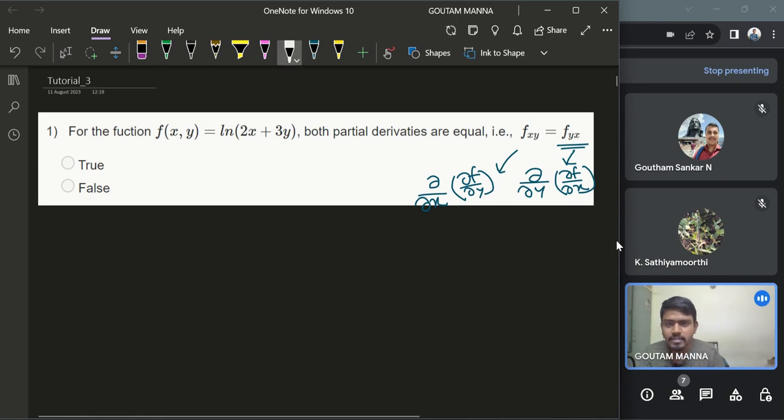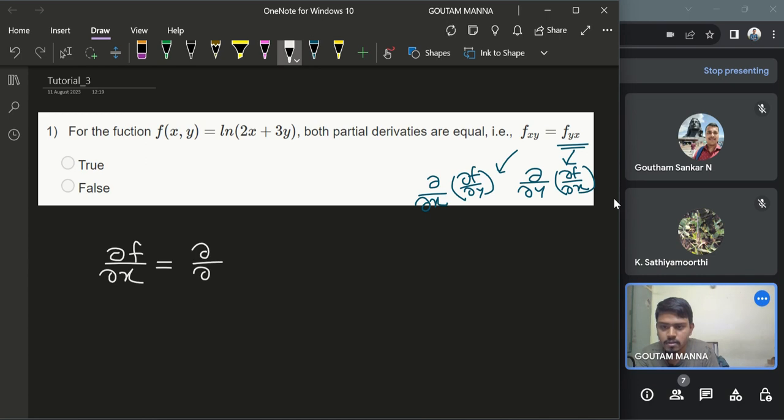So it's very easy. We just have to calculate the derivatives. So first, let's calculate del f del x, which is del x of ln 2x plus 3y. So now this is a partial derivative with respect to x. So we need to treat y as a constant quantity here.